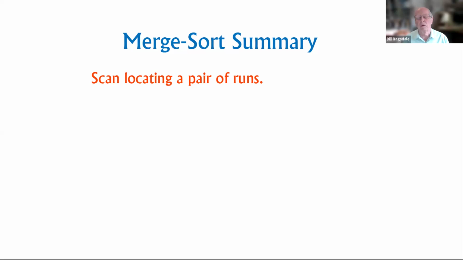In this case, we're using a matrix for our operational field. And along the columns of the matrix, there certainly would be a large number of runs which are isolated and merged together until we have finally one long sorted matrix.